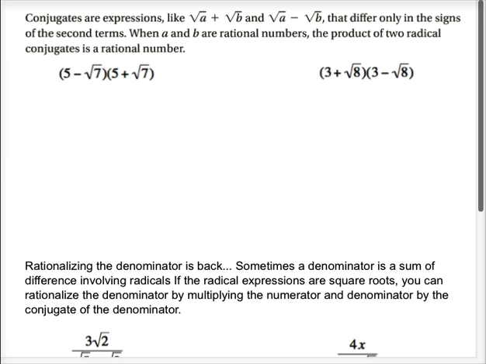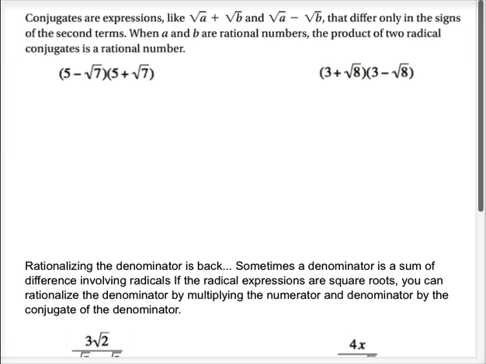So when a and b are rational numbers, the product of two radical conjugates is a rational number. You saw this when we were constructing polynomials. When I gave you a radical root, you took its conjugate, so when you constructed the polynomial, you had all rational coefficients. The same thing is going to happen here.